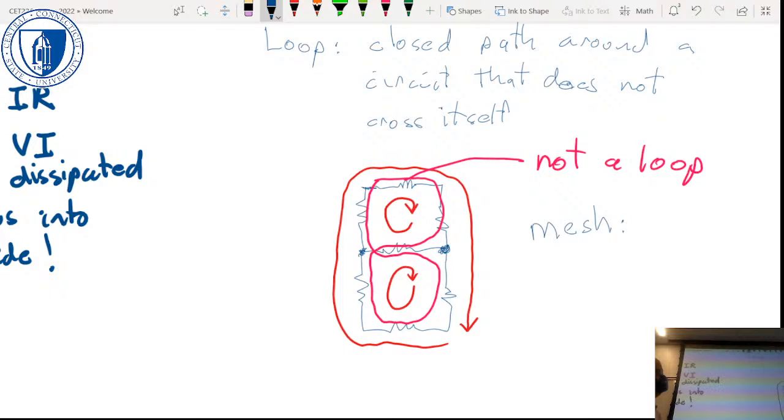This loop here is not a mesh because it cuts through this device here, right? That branch. Okay. We'll talk a little bit more about meshes over the next couple of weeks.